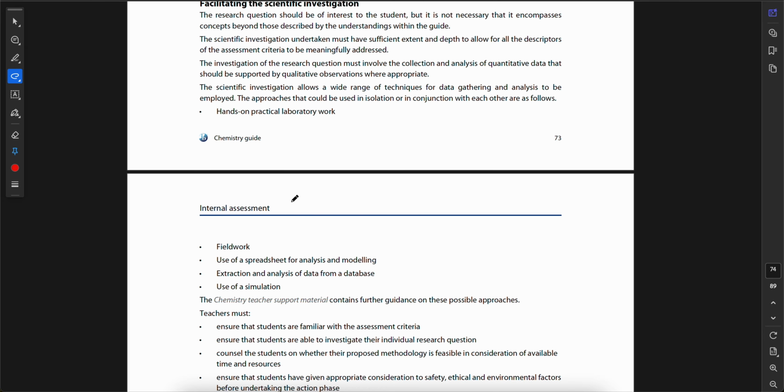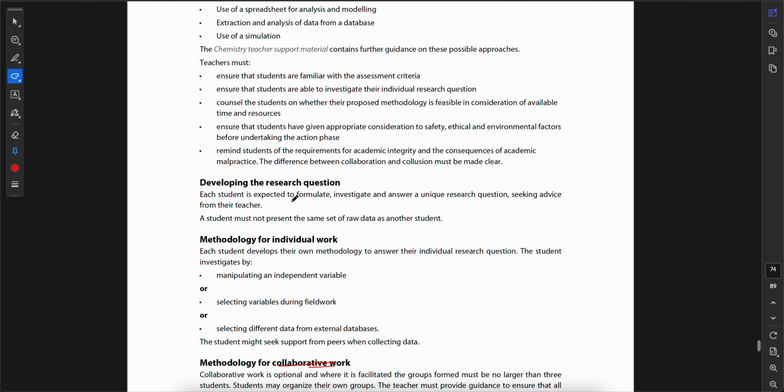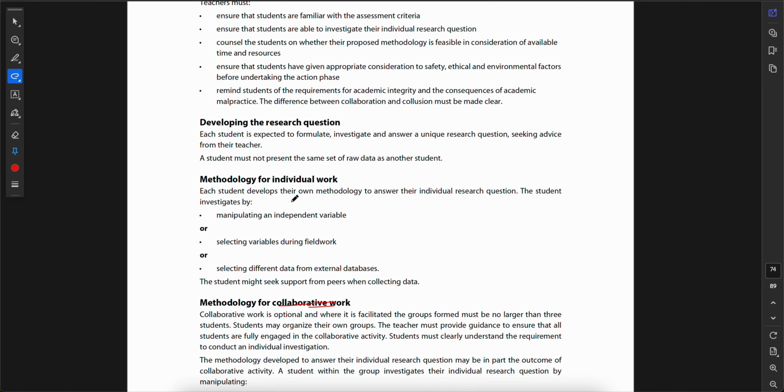Also, there is a new rule where you can work in a group. But first, each student is expected to formulate, investigate, and answer a unique research question. So each student develops their own methodology to answer their individual research question. Students might seek support from peers when collecting data only.